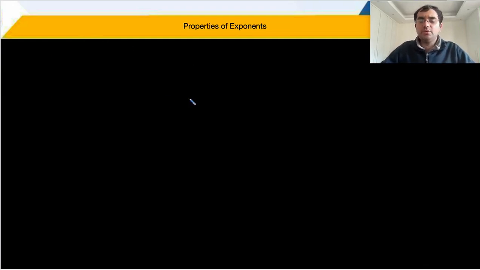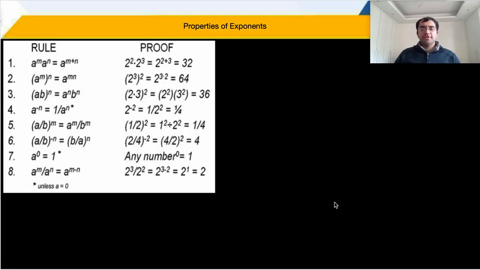Next, I'll just share with you some basic properties related to exponents, because somewhere or the other they get used again and again. So let me just put that in. Now we cover the properties of exponents because they get used repeatedly. So I've put all of them in line with some examples.